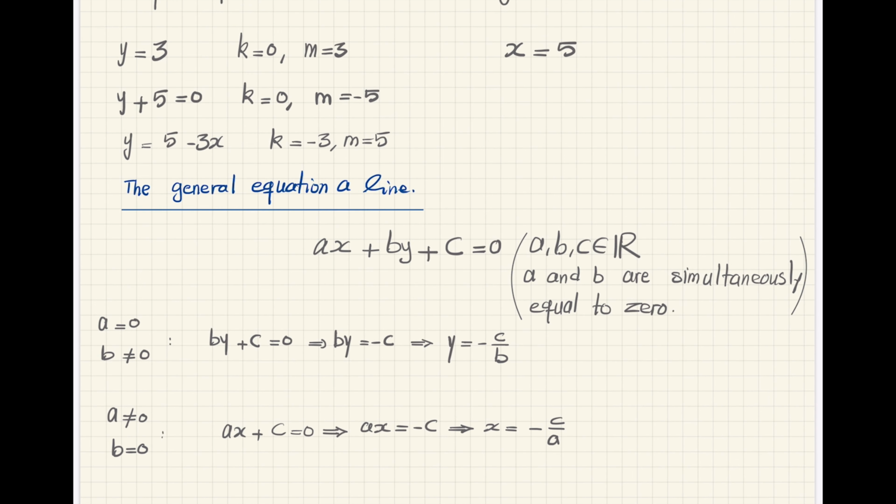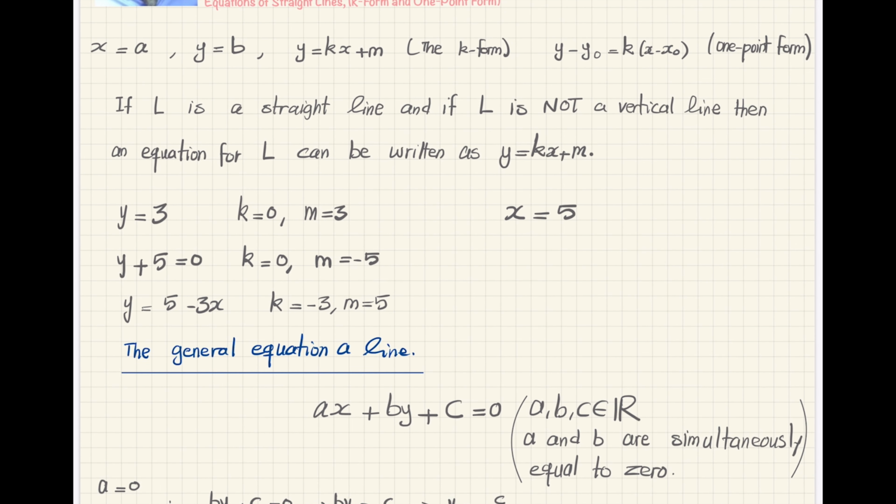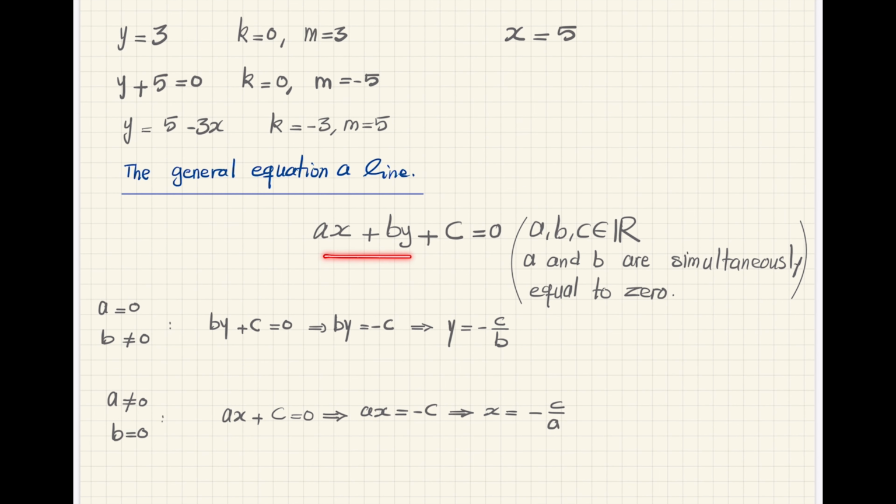So you see that this drawback does not appear in this equation. The previous equation was not capable of giving me this vertical line, but this equation is capable of giving those lines. For example, if I want to get this back, what choices can I make? I can make A equal to 1 times x, I can choose B equal to 0 times y, and I can choose C to be minus 5 equals 0. So you see what happens.